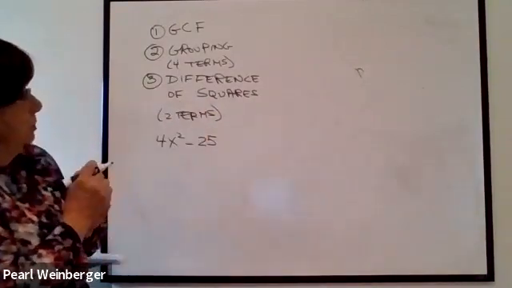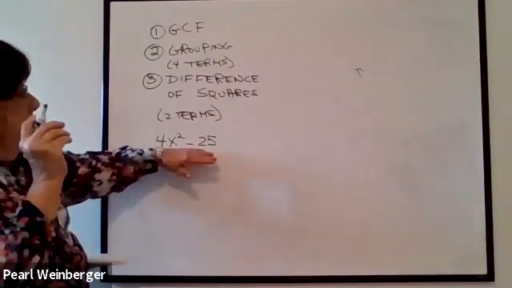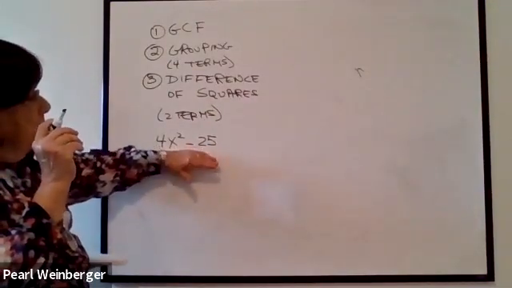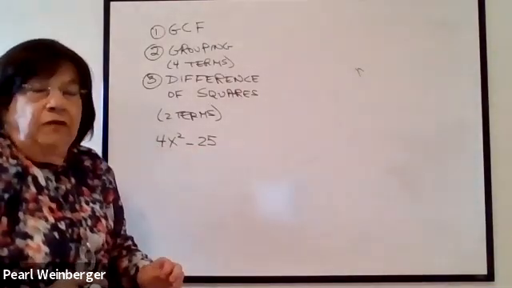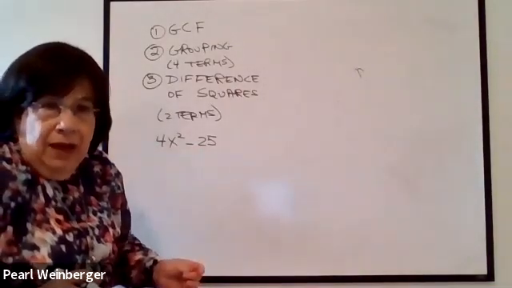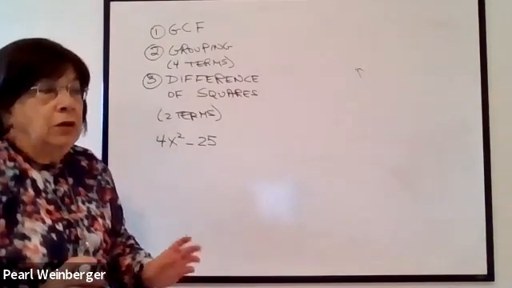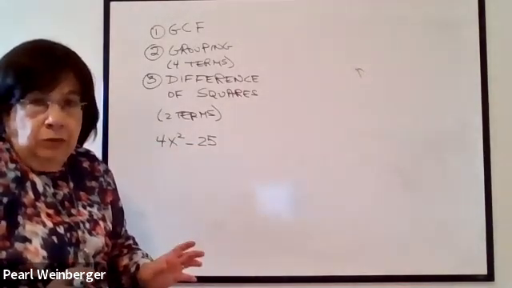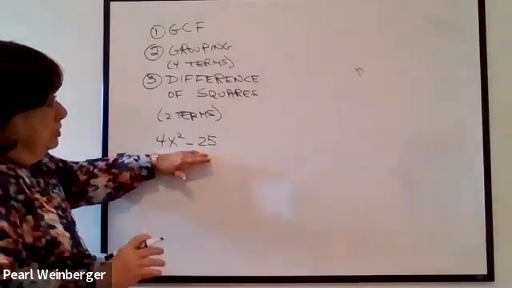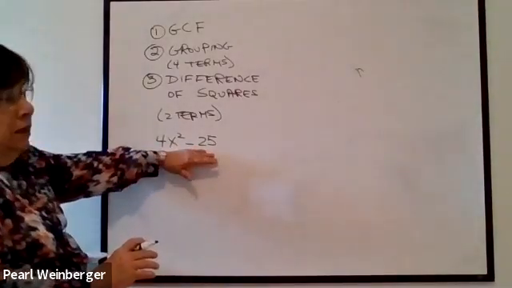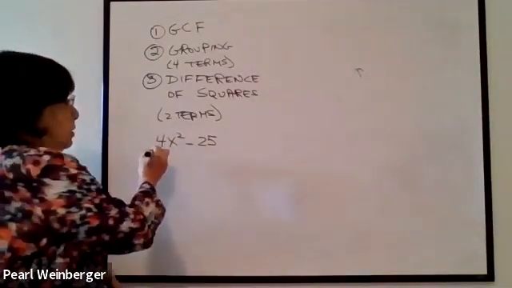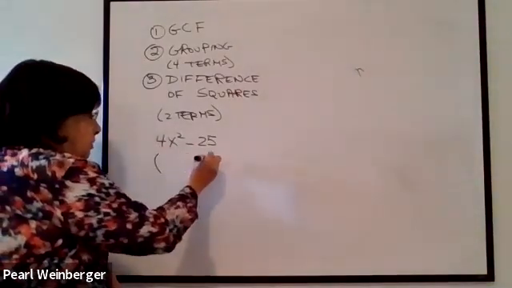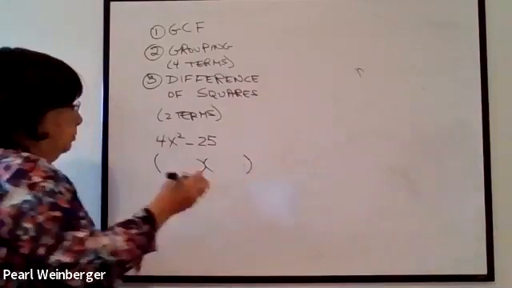Difference of squares. That expression always comes from being the product of 2 conjugate binomials. You just have to notice the pattern, and then you can immediately factor it into 2 binomials.